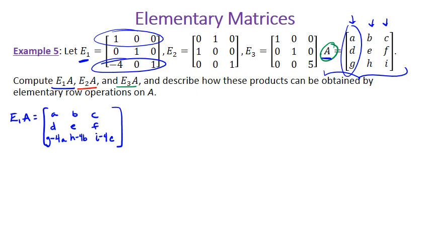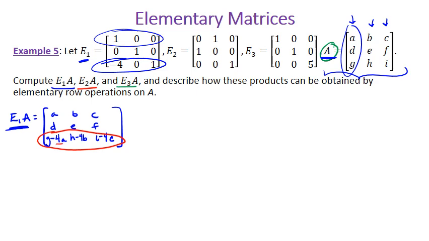What row operations did I perform to get from matrix A to matrix E1A? All right, well, the only thing that has changed is this third row. So let's analyze this.